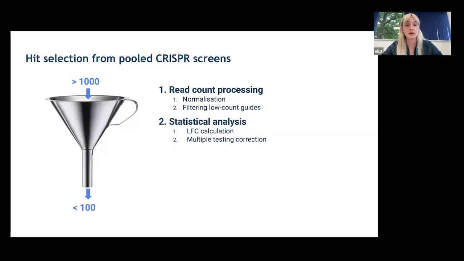So there'll be some element of read count processing where you normalize your counts and filter out low count guides to reduce the noise in your screening data set. And then there will be some form of statistical analysis. So you'll calculate log fold change in guide abundance or guide depletion, an associated p-value, so statistical significance for that, and then some control for your false discovery rate because you're assessing so many guides at the same time.